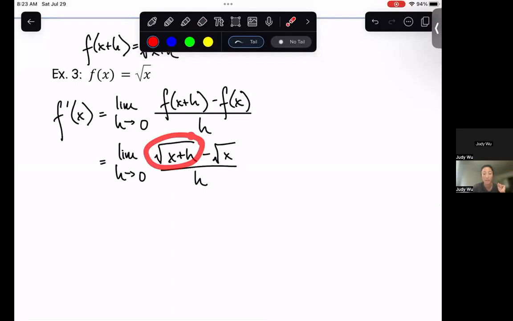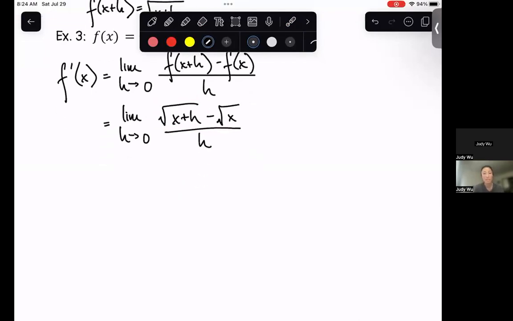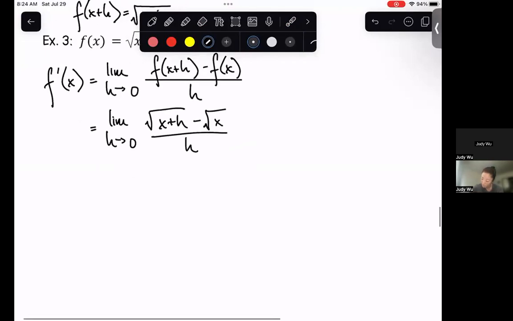It's just going to be square root of x. But then on the bottom, we're going to have an h. That is the problem, right? Because when we divide by 0, we get an undefined situation. So this is the reason why we're going to have to try a little bit of algebra to get it into a form where it's going to be okay to plug in 0 for h, okay?